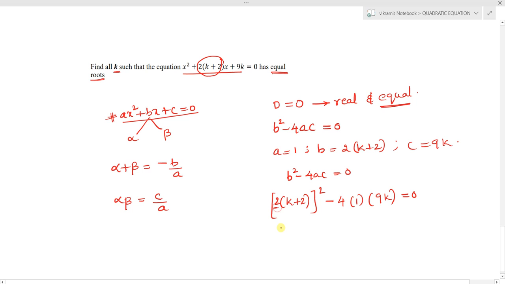Now 2 square is 4, so 4 times of k plus 2 whole square minus 4 into 9k equals 0.